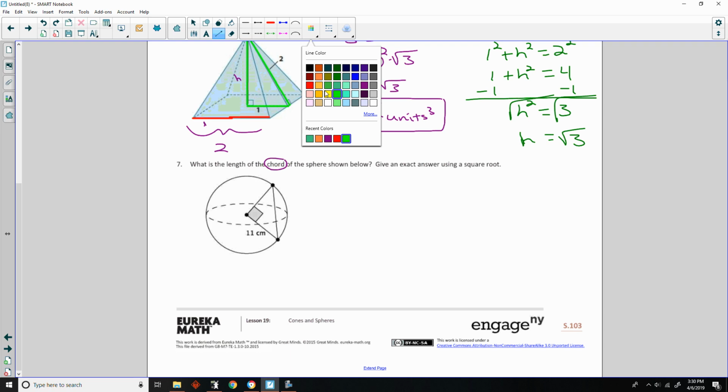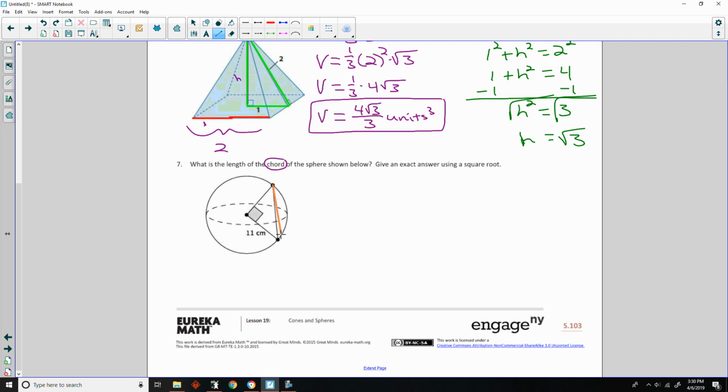Not a musical chord like a bunch of notes played at the same time. In this case, a chord is a line segment with the endpoints on the surface of the sphere and the segment inside the sphere. That is the definition of a chord.